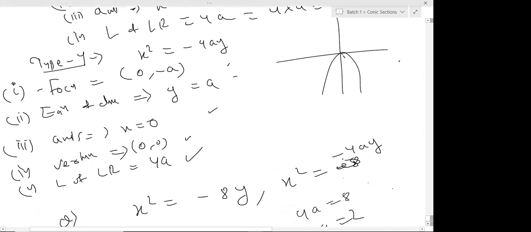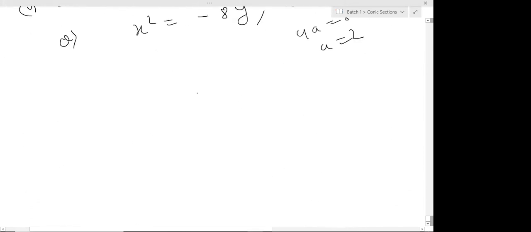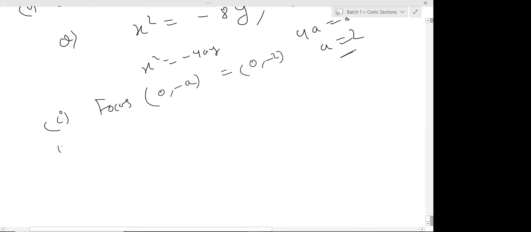So the value of a is 2, the standard equation is x square equals minus 4ay. So focus will be 0 comma minus a, that is 0 comma minus 2. No, not 0 comma 2, 0 comma minus 2 only. All right.